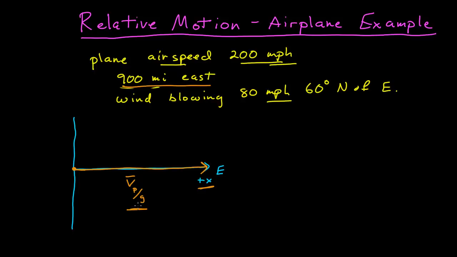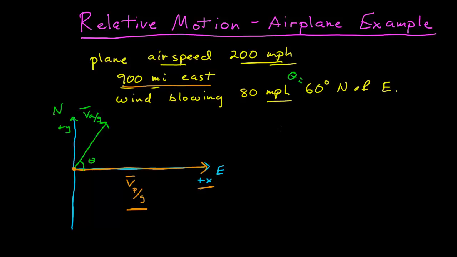However, I have a wind, and this wind is blowing at a speed of 80 miles per hour, and this theta is equal to 60 degrees north of east. So if this is my positive y-axis, and this is north, this now is the velocity of the air relative to the ground.